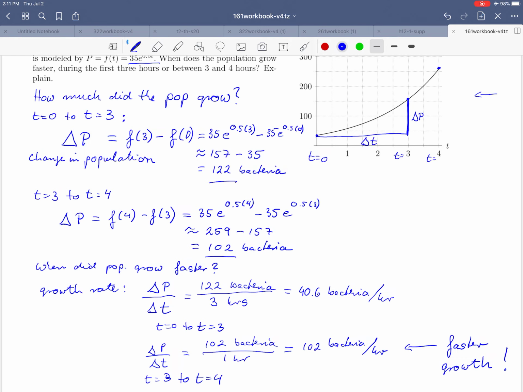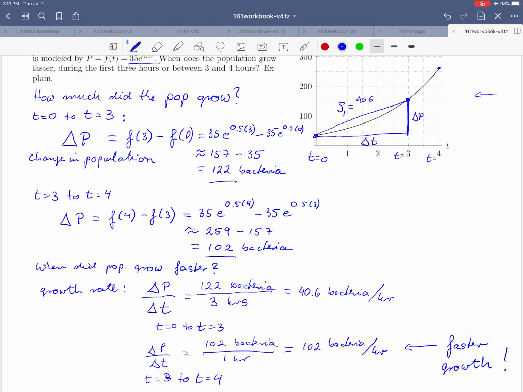This fraction of delta P over delta T is the slope of the line connecting the first 2 points right here. Let's call that S1, slope 1, and that slope is 40.6 bacteria per hour.